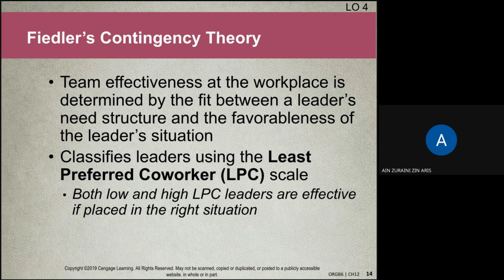Okay? But in moderately favorable situations, where the task is not too hard, but the relationships are a bit shaky, relationship building becomes important. And that's where high LPC leaders shine. Okay, so high LPC refers to relationship-oriented leaders.